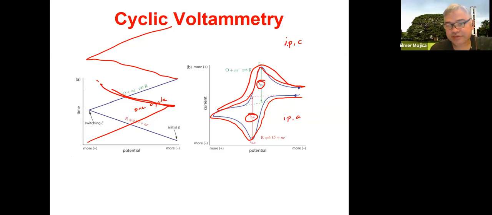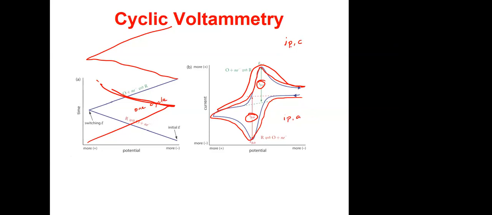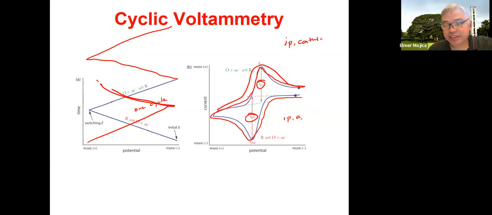This is the peak cathodic current, the reduction, and this is the peak current in the anodic direction.